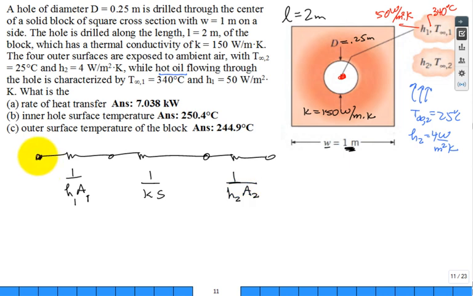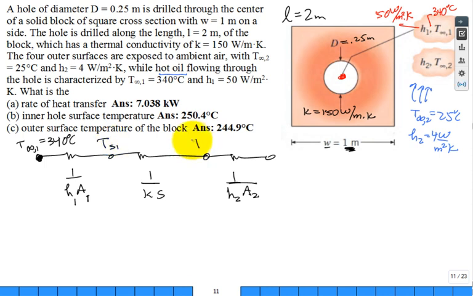Let's go ahead and identify each of these nodal temperatures. This is T infinity 1, which is 340 degrees C. This is the temperature I'm going to call surface 1, or just T1.